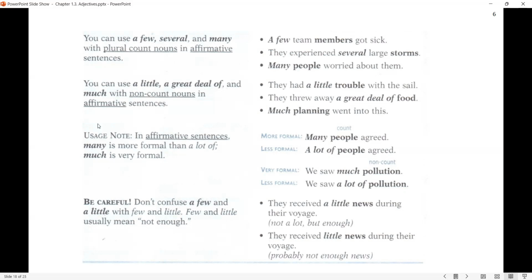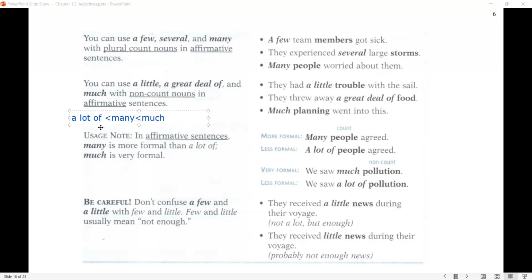Now, pay attention to this part. In affirmative sentences, many is more formal than a lot of, and much is very formal. So if I want to summarize it, I should write it this way. A lot of is less formal than many, and many is less formal than much.